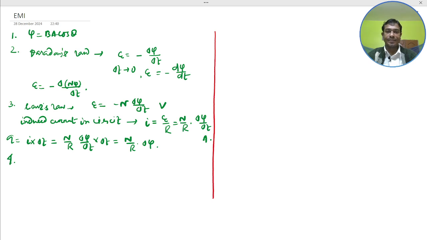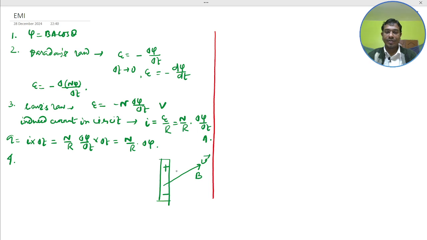And this fourth one is the motion of conductor in a uniform magnetic field. This is the conductor, with plus and minus ends, and this direction is V, the velocity.